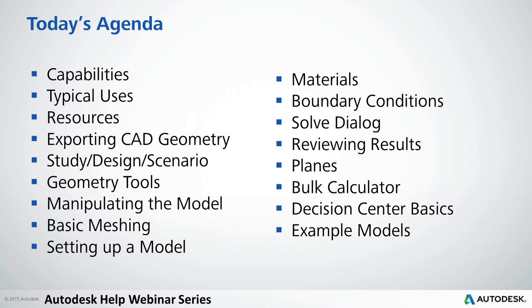What kind of CAD geometry do you export and how do you export it into Simulation CFD, the concept of study, design, and scenario within one file, a couple of the geometry tools, how to manipulate the model, rotating and hiding, selecting, some basic meshing techniques, how to set up a model from beginning to end by setting the materials, the boundary conditions, a couple of things in the solve dialog, how to review the results, looking at slice planes or cut planes, how to use the bulk calculator, a quick look at the decision center basics, and of course, that's all going to be done by going through some examples.